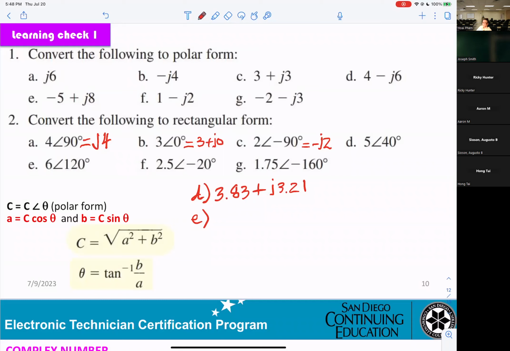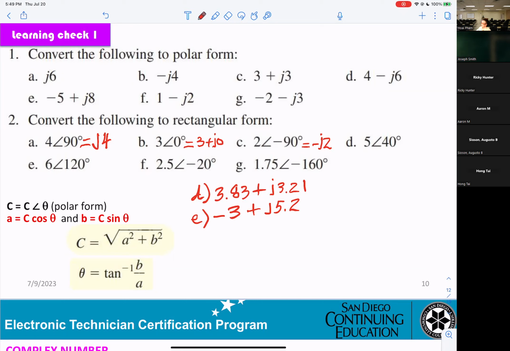The first part is -3, and then the second is -3 plus J 5.2 or 5.96. Okay.